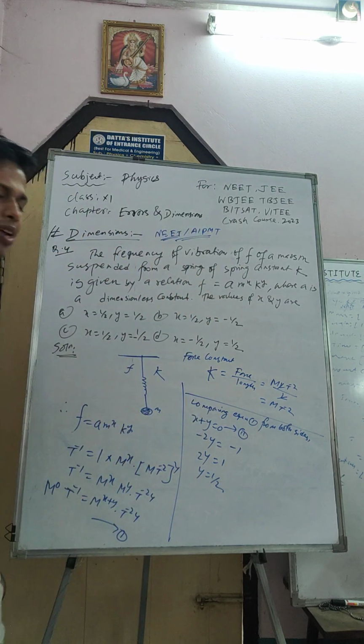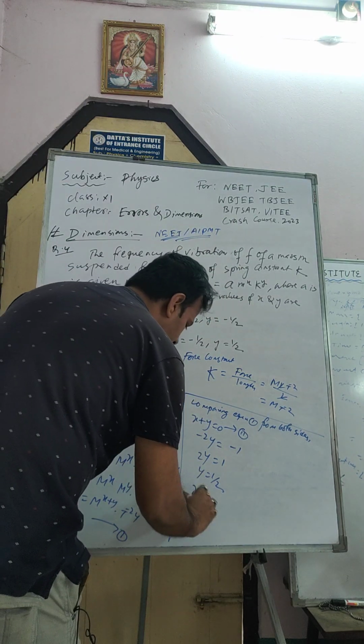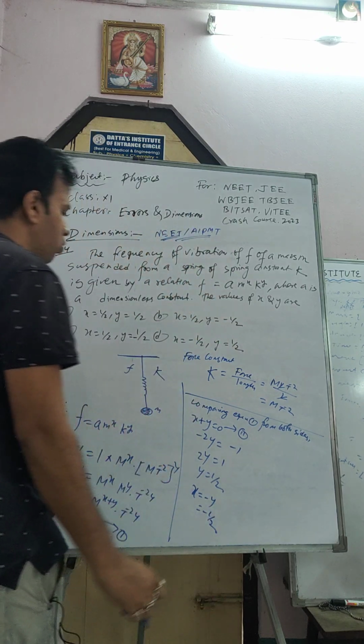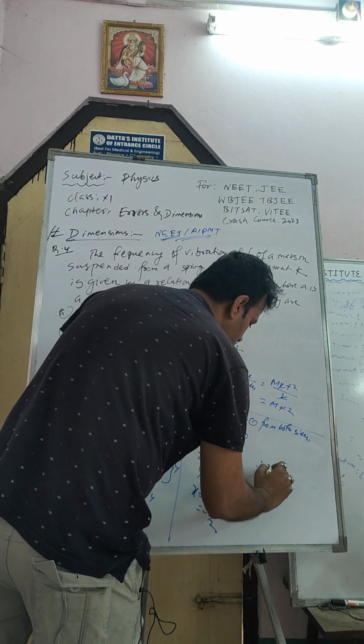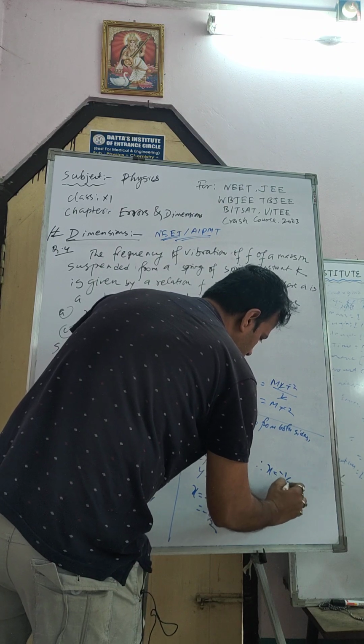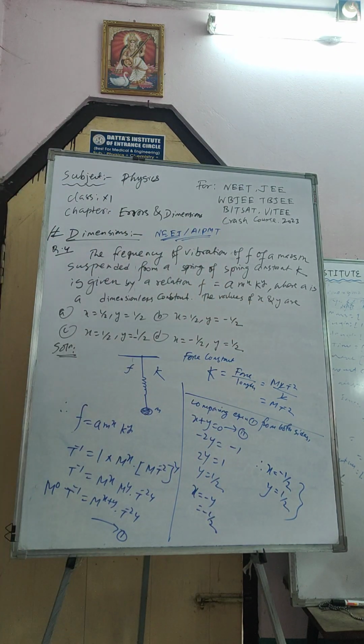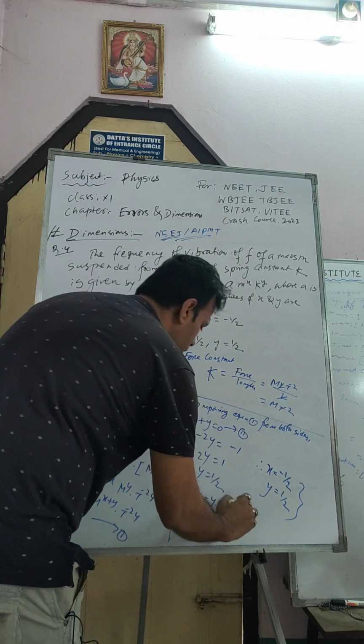If y equal to 1 by 2, then x equals minus y, that is minus 1 by 2. So x is minus 1 by 2 and y is 1 by 2. So option D is the correct option.